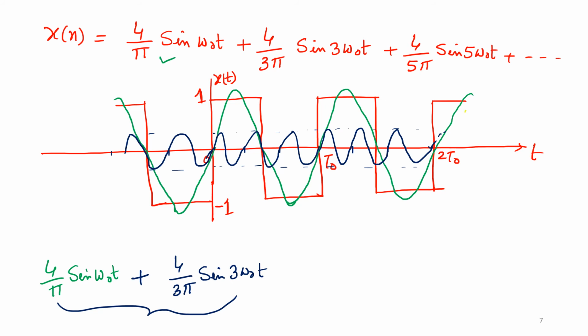Suppose this one. Now the resultant could be like this, something here positive and this negative, and like this.